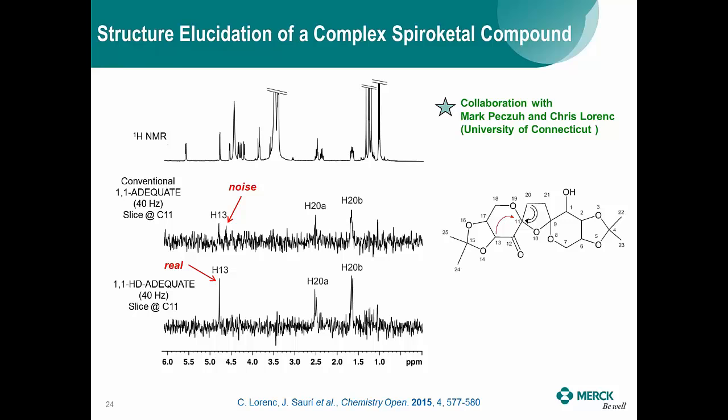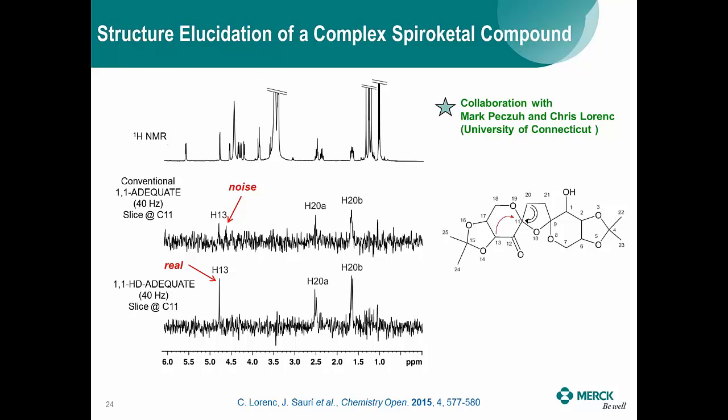Both protons are attached to carbon 13. But we also saw a very sharp singlet from proton 13. So now we were pretty sure that this was not noise or an artifact. It was a real signal. But proton 13 is actually two bonds away from carbon 11. So we were wondering what is going on here.